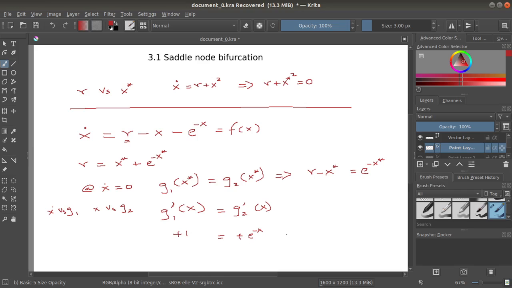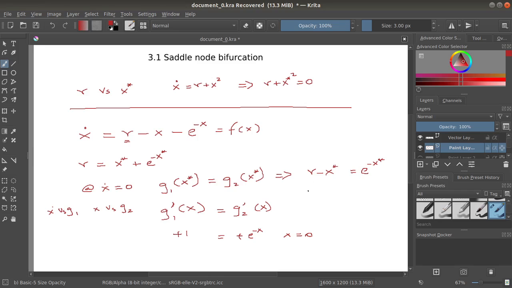From this equation, this occurs when x is equal to 0. Now I put that x equal to 0 value in this equation.